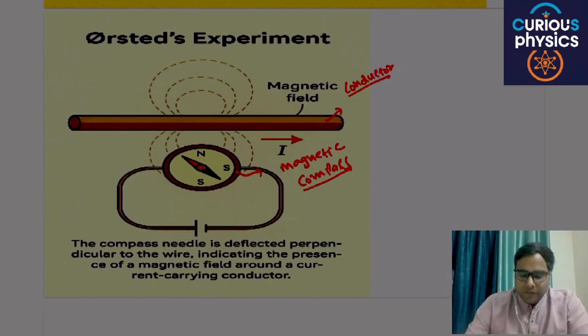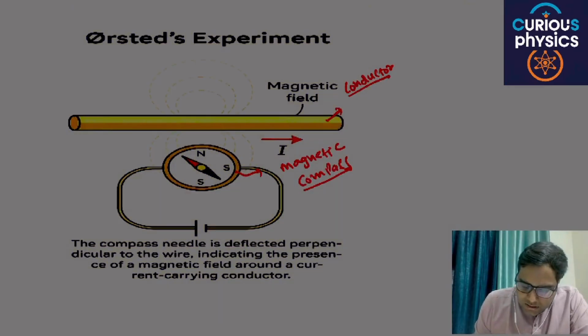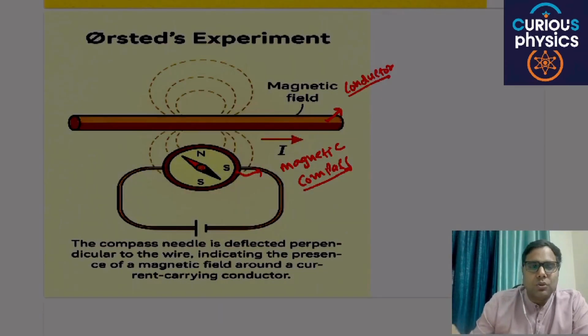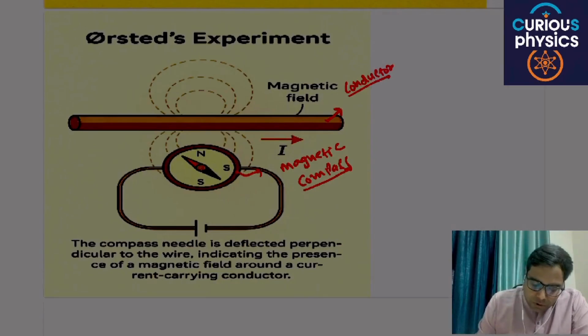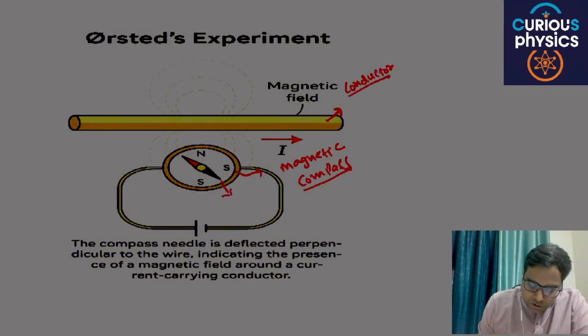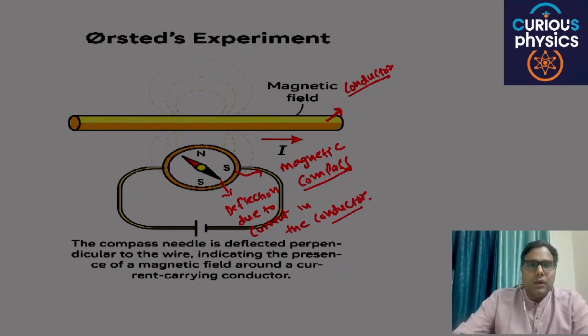But when there is a current passing through the conductor, the compass shows a deflection due to the current.